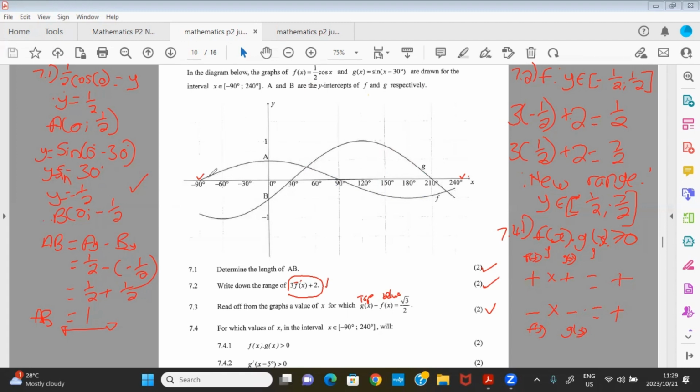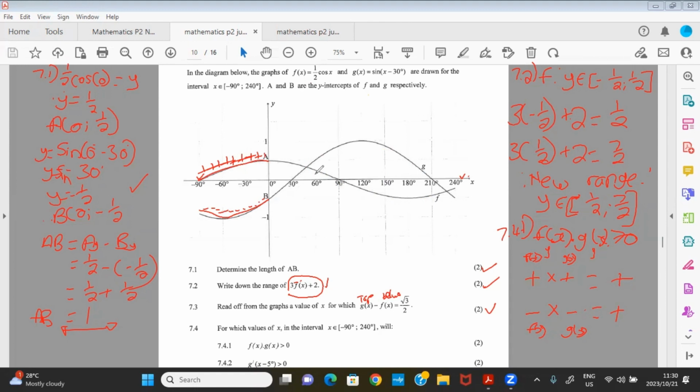So I will start now. I'm scrolling. Let me go from here to here. The same intervals, right? Now here my f is positive, but then my g is negative. So it doesn't qualify.